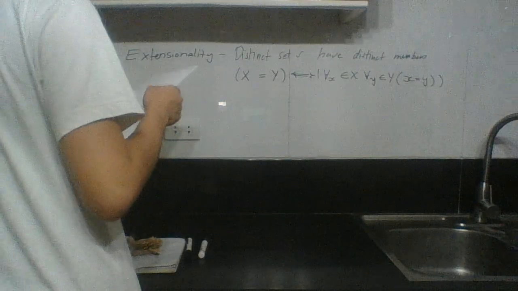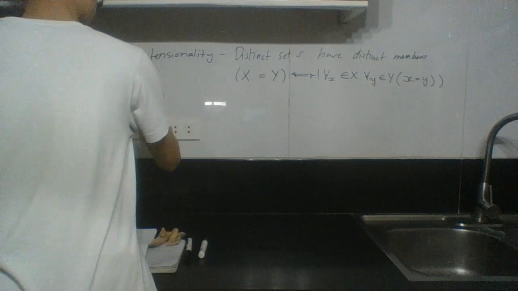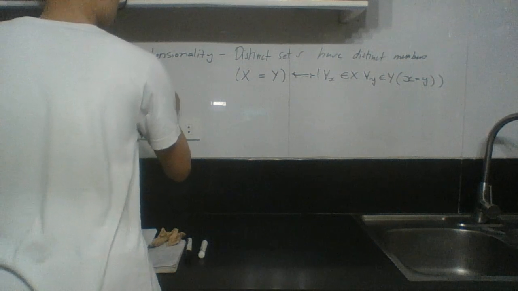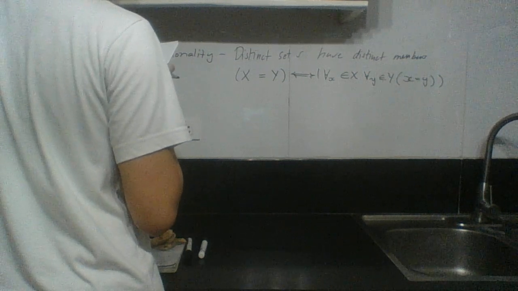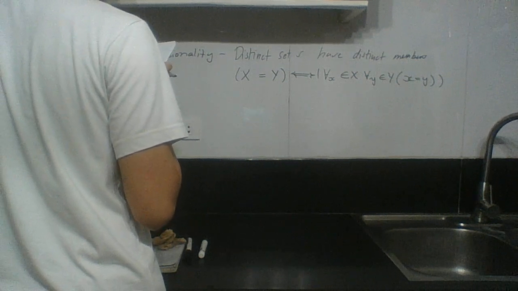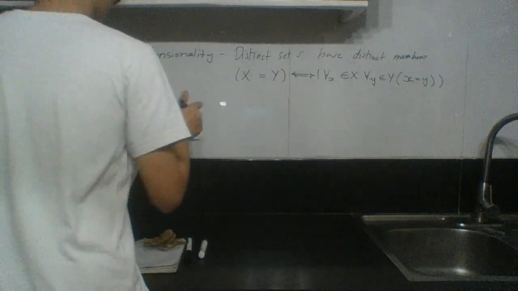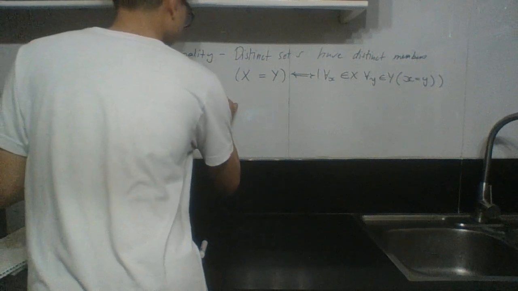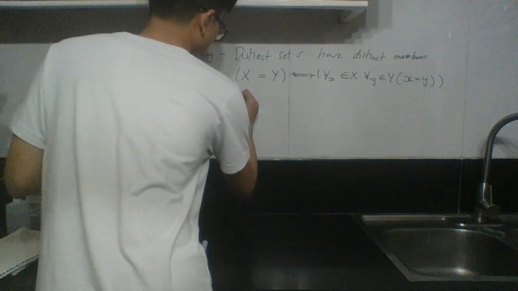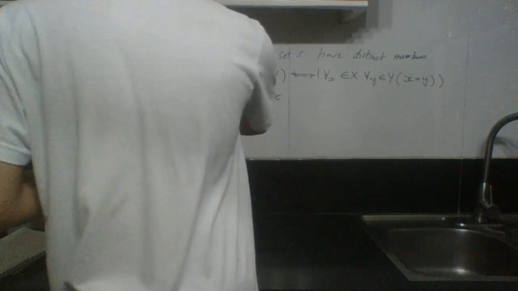Okay, so the second one now is pairing. And this one states that for all x and for all y, there exists a z such that for all w, w is an element of z. So z is a set now.